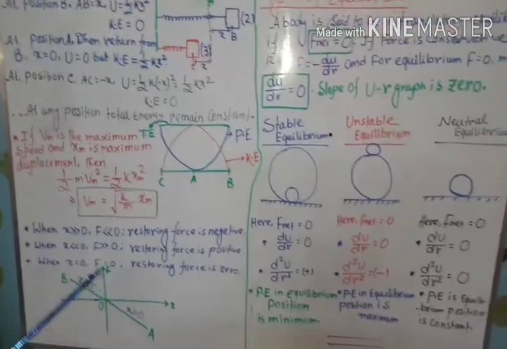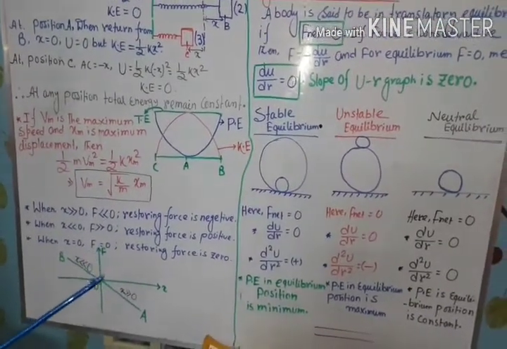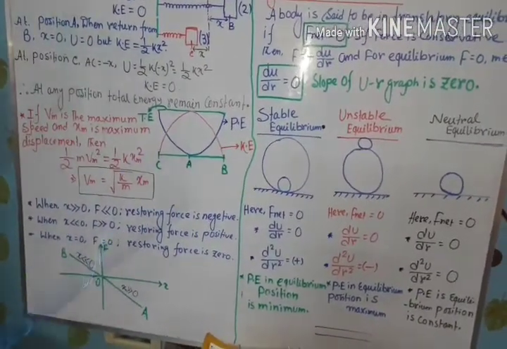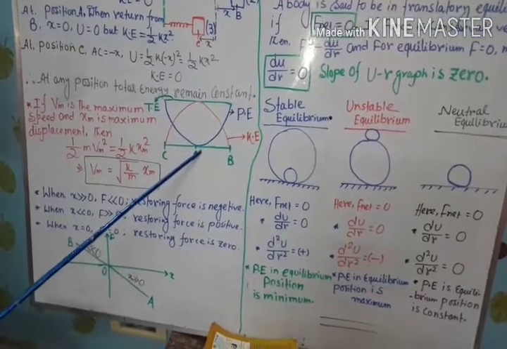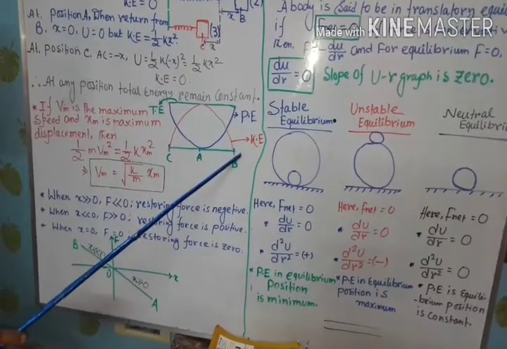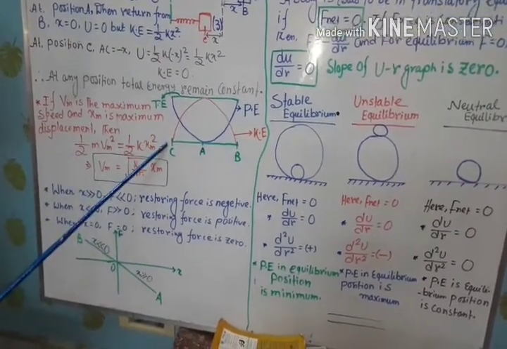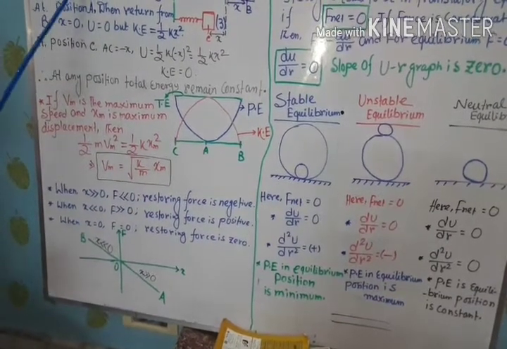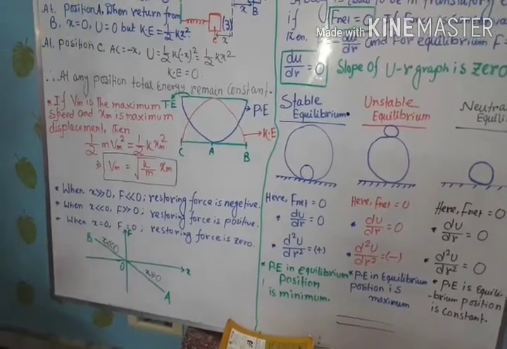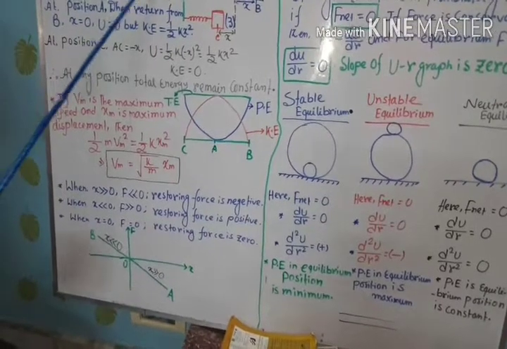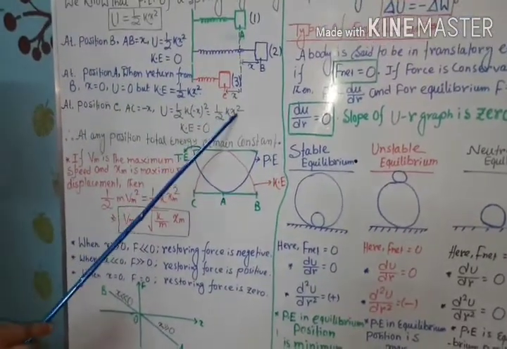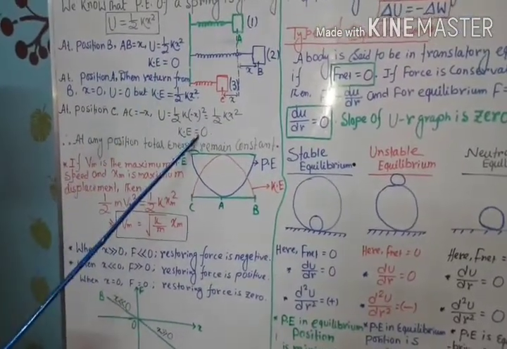Now see the graphical variation of these three types of energy. Just see the graph. A is the normal position, this is the right extreme position, and this is the left extreme position. At the right extreme position B and the left extreme position C, the potential energy is maximum but the kinetic energy is 0.